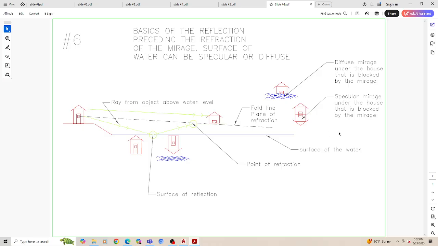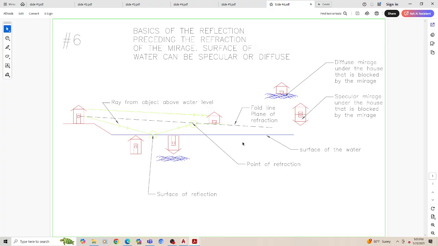Now, any observation that you look at, you can either see the complete house when neither reflection nor refraction is in play, which would clearly be when no refraction or minimal refraction is at play.